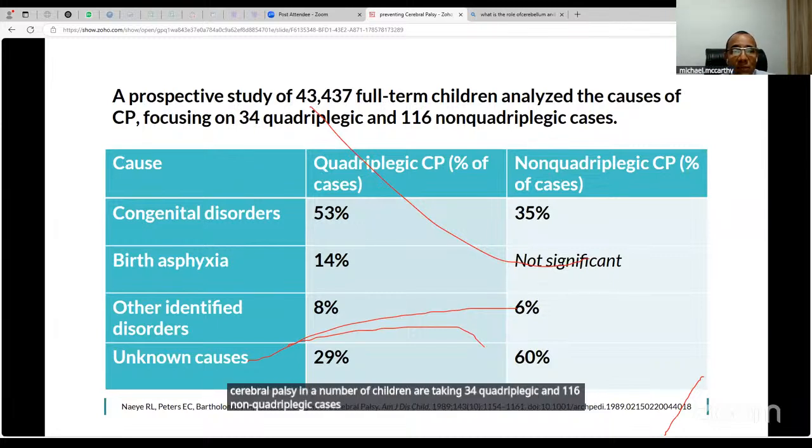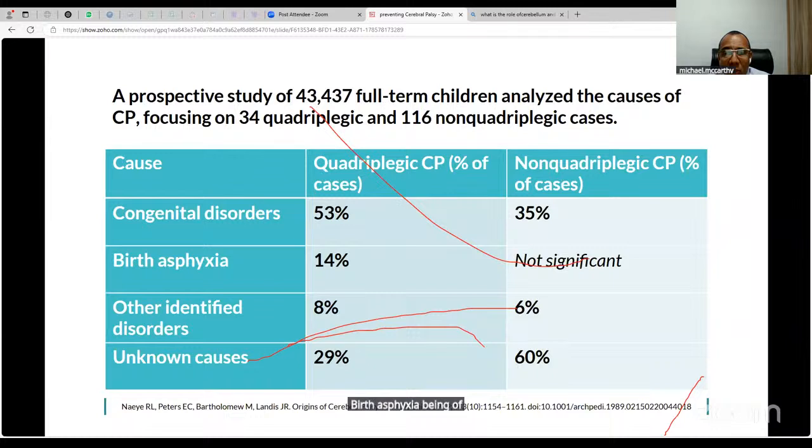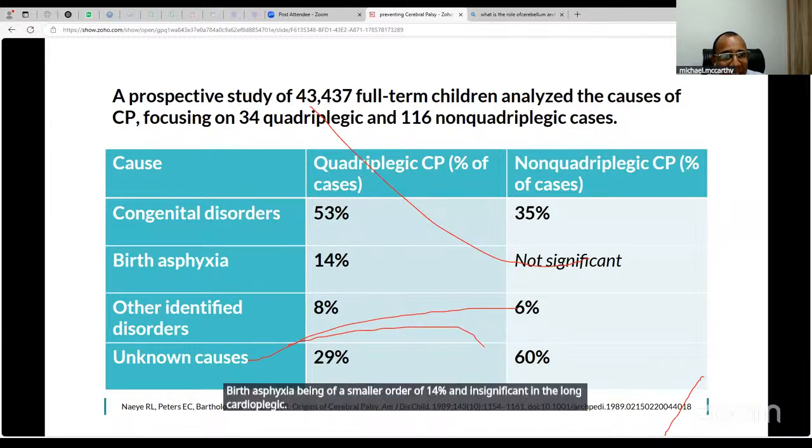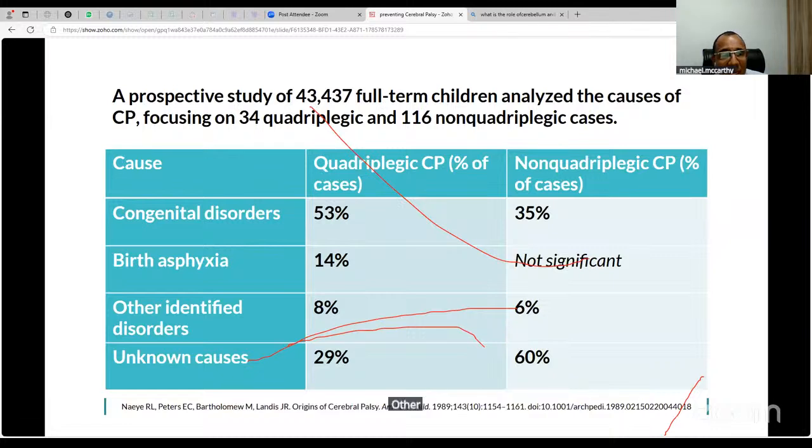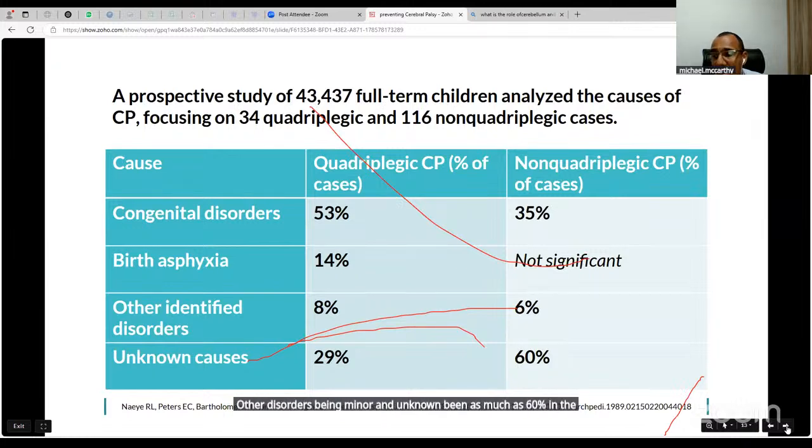Congenital disorders, 53% in the quadriplegic and 35% in the non-quadriplegic. Birth asphyxia being of a smaller order of 14% and insignificant in the non-quadriplegic. Other disorders being minor and unknown, being as much as 60% in the non-quadriplegic group.